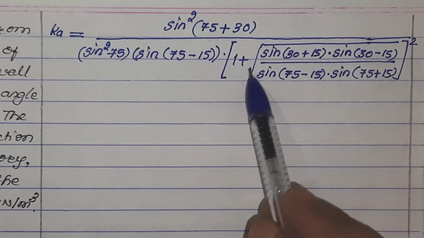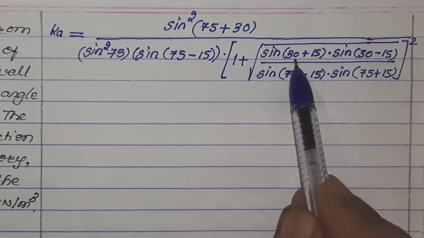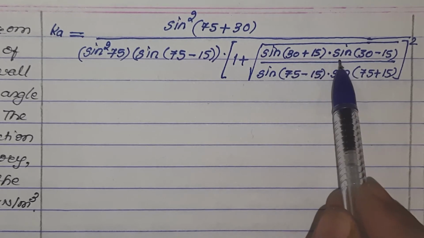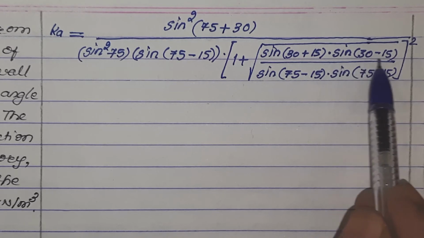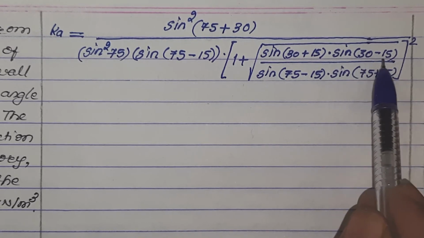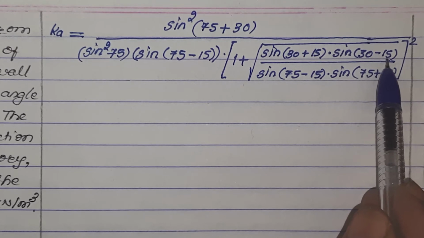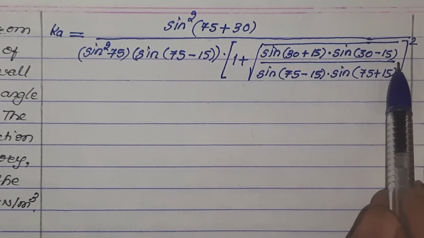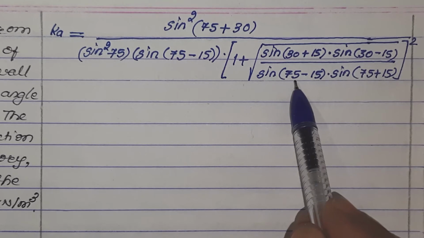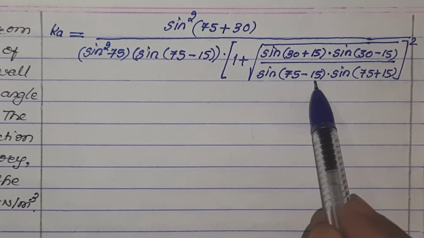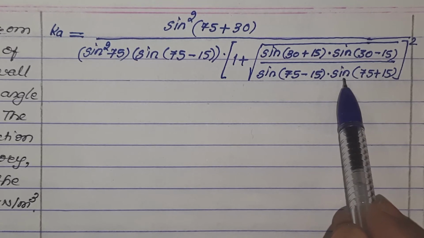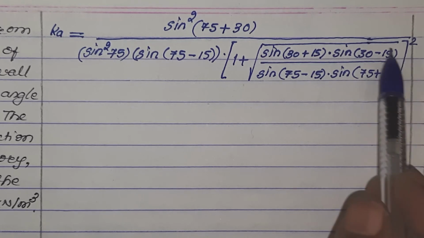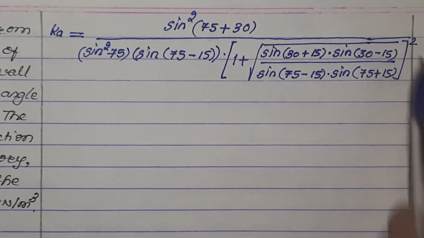This is 1 plus under root of sine of phi plus delta, where phi is 30 degrees and delta is 15 degrees, multiplied by sine of phi minus I. Phi is 30 degrees and I, that is the slope angle, is 15 degrees. This is the surcharge angle. Completely divided by sine of alpha minus delta, that is 75 minus 15, multiplied by sine of alpha plus I, that is 75 plus 15. This square bracket we have to square.